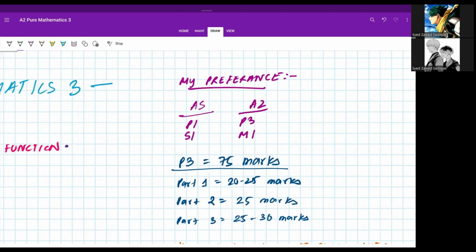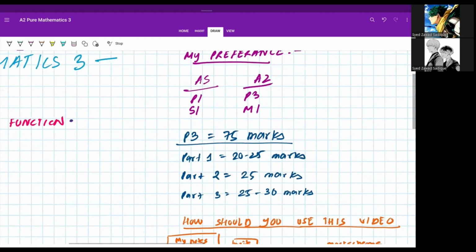One more thing I'd like to add is for AS, I think people should take Statistics 1 because it is heavily connected to your general maths. There are a lot of topics that correlate to their general maths, which you will remember, and it becomes easy for you to study those. And finally, P3 is blocked in A2.